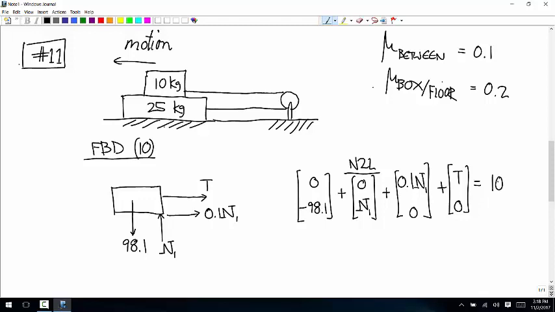And what do we know about the acceleration of this box? There's a 0 for one component. Yes, the y component is 0 because we know these things are only sliding along the x-axis. So I'll just write this as (a, 0).